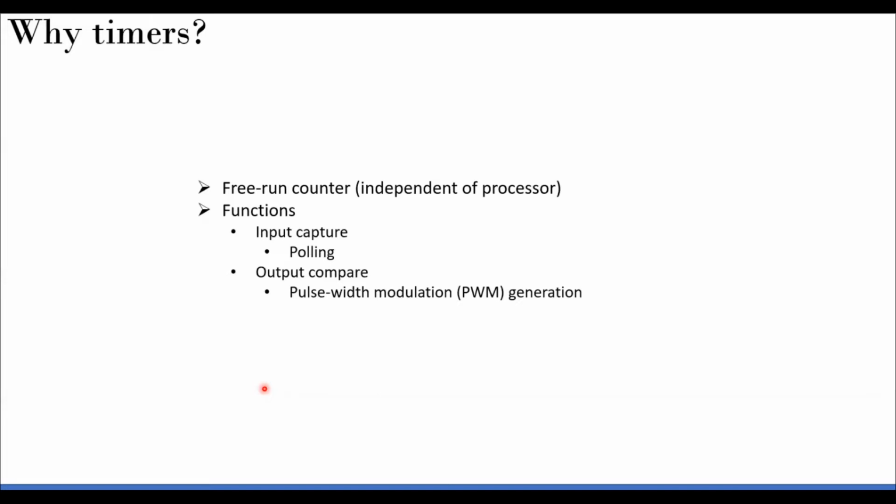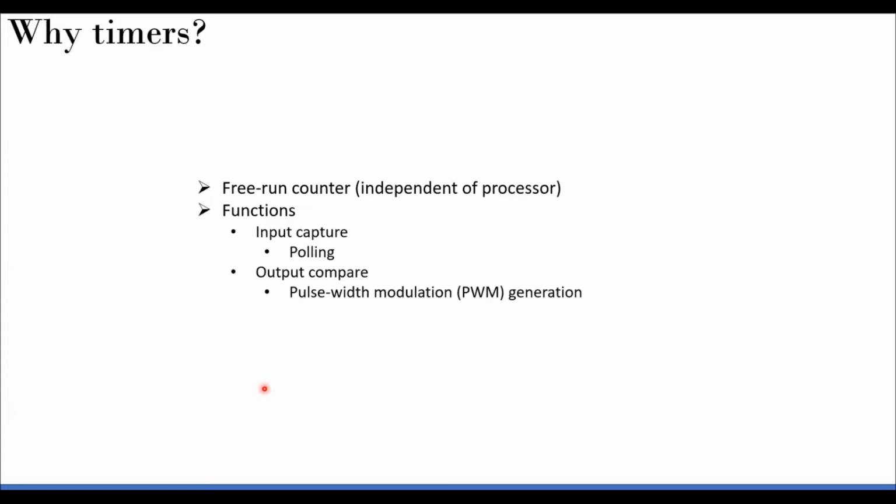One of them is to see whether your work is done within a certain time interval. Other functions include input capture, which is typically employed for polling. You want to measure an input at certain intervals of time. So you put a timer, and every time that timer counts to a certain value, or every time a counter counts from a certain value to 0, you poll the input.